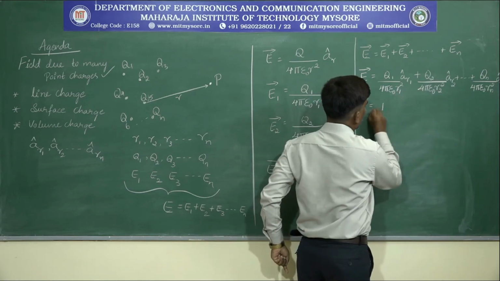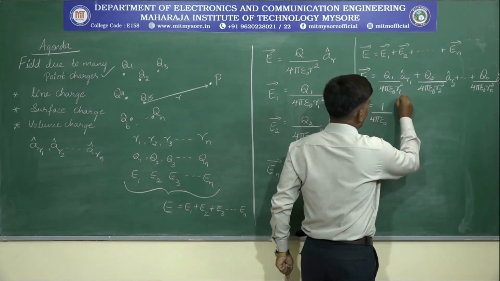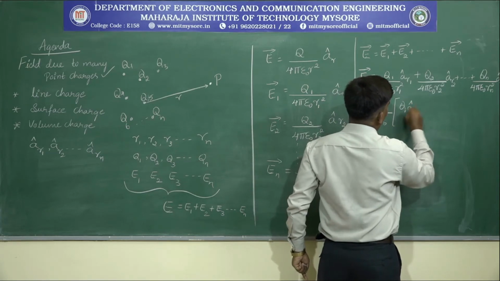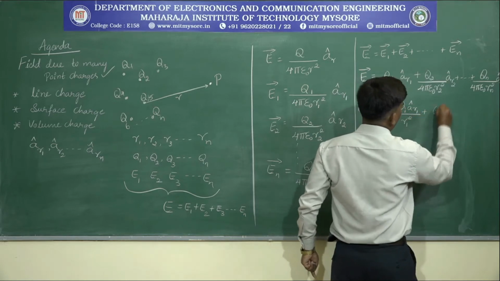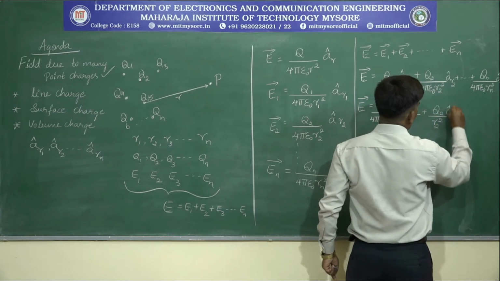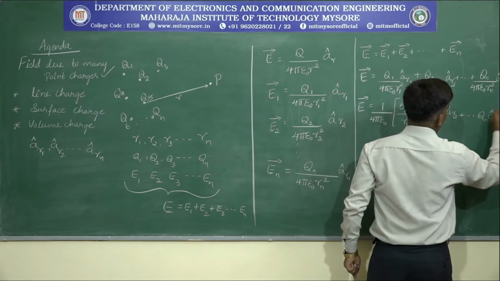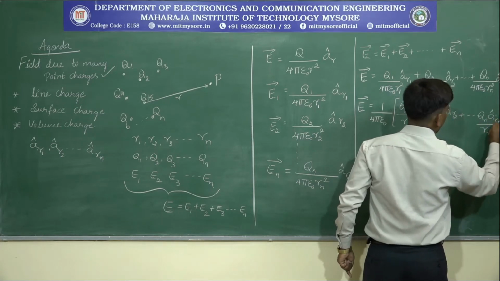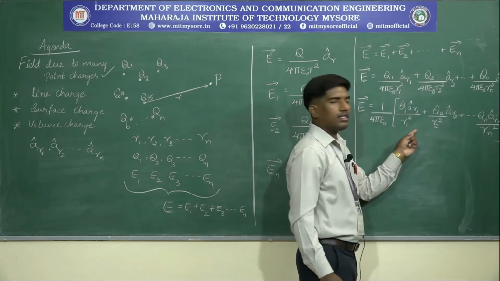If I take it out, 1 by 4 pi epsilon naught is common from all the equations, then this becomes Q1 A cap R1 divided by R1 square plus Q2 divided by R2 square into A cap R2 plus so on, Qn A cap Rn divided by Rn square.